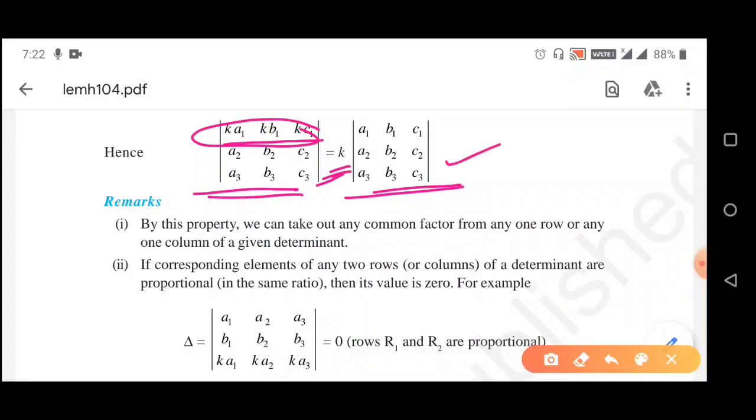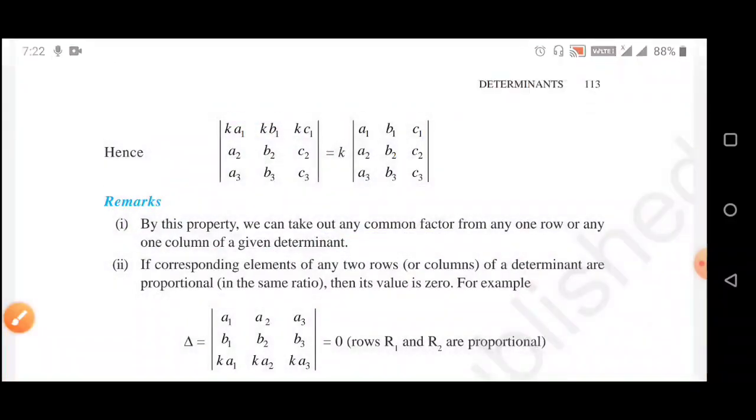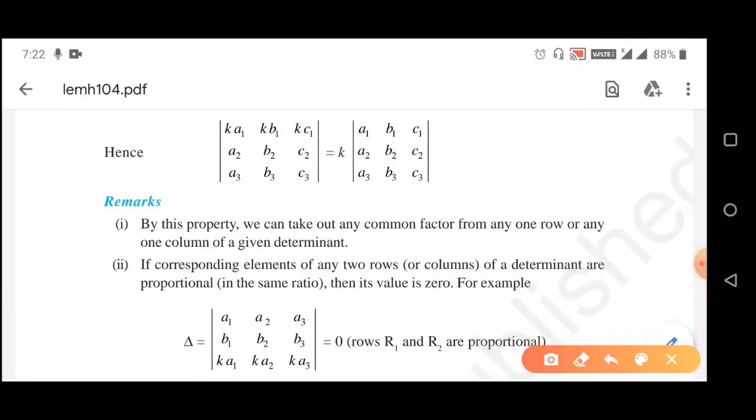So, here it is written that by this property we can take out any common factor from any one row or any one column of a determinant. So, if a determinant is given and a common factor is there for any one row or any one column, then we can take out that common factor outside.